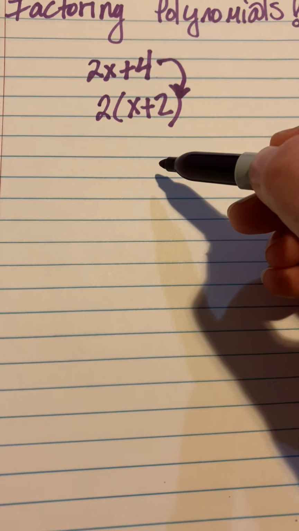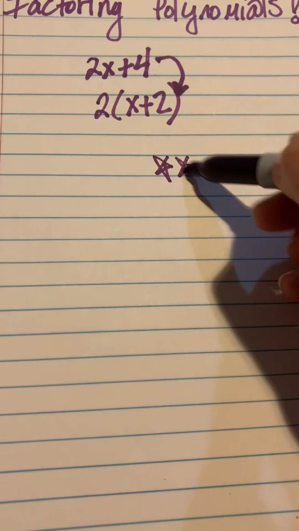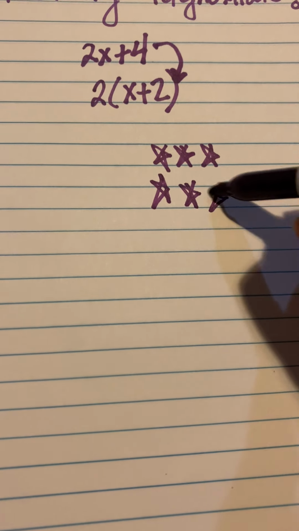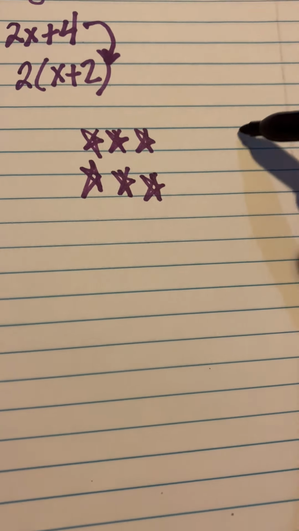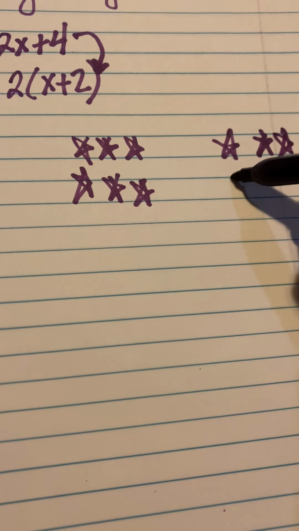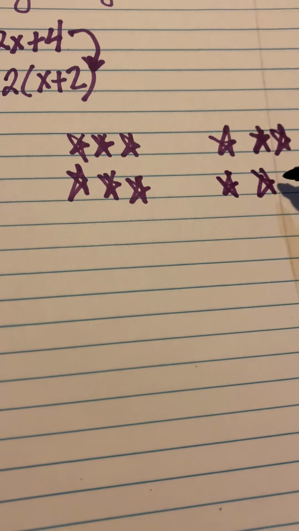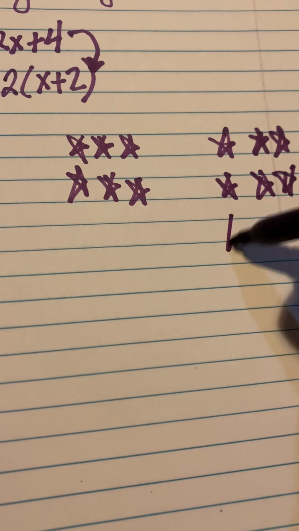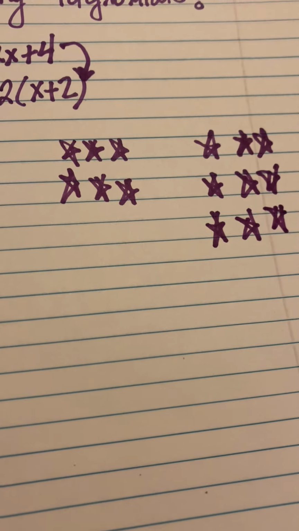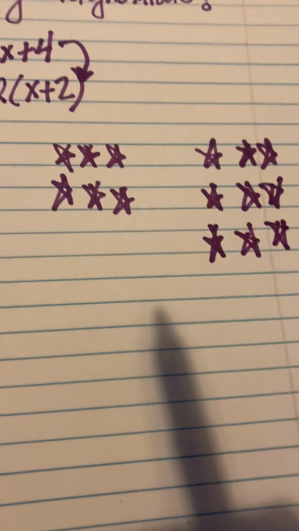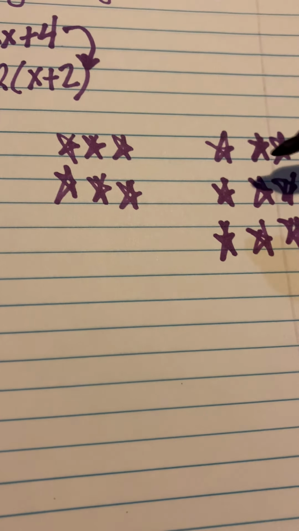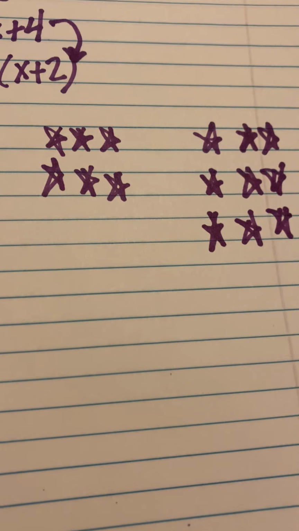So let's say I have a group of these lovely little stars, and I've got a group of 6 here, and over here I put a group of 9. This might take a minute. So what are the even groups that I could take out? Well, I have 6 over here, but does 6 go into 9 evenly? It does not.